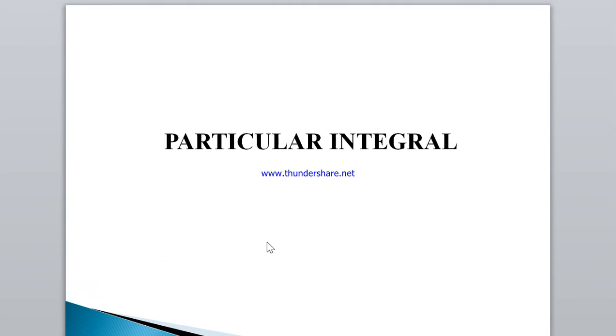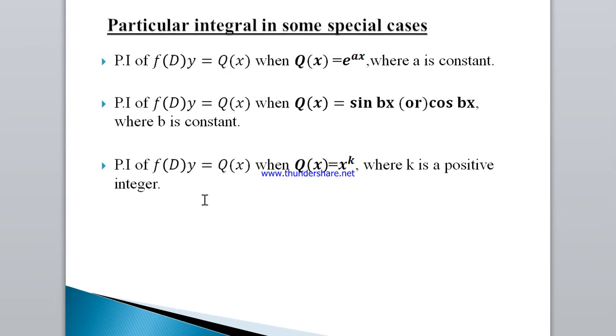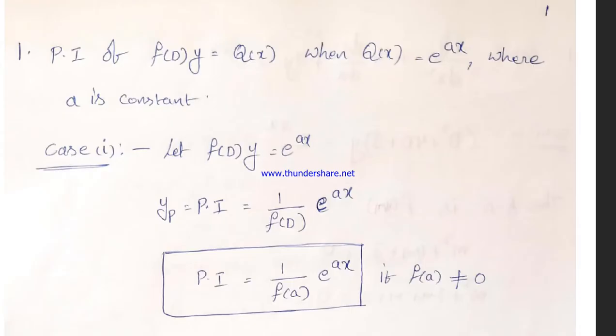First we will discuss the example on the particular integral of f of D into y equal to q of x when q of x is equal to e power ax. Before going to the example, how do we find the particular integral if q of x is equal to e power ax, where a is a constant?